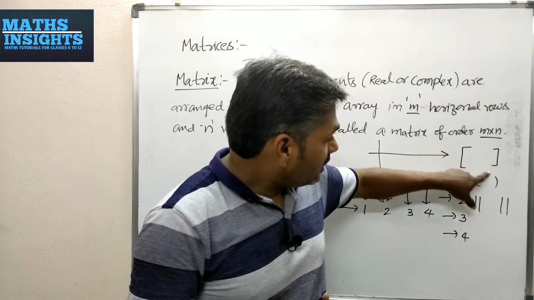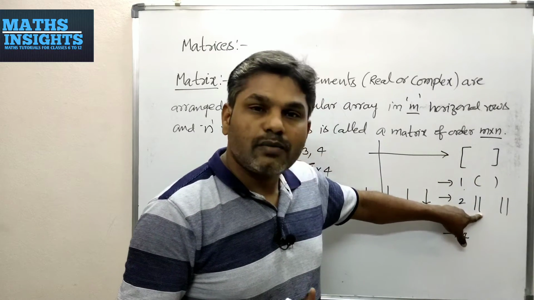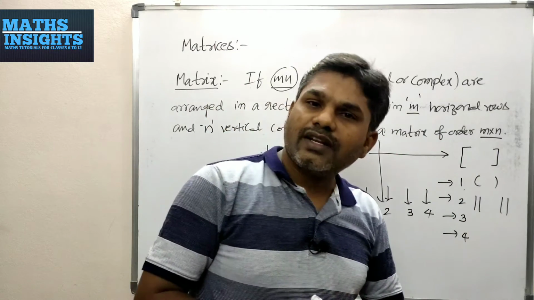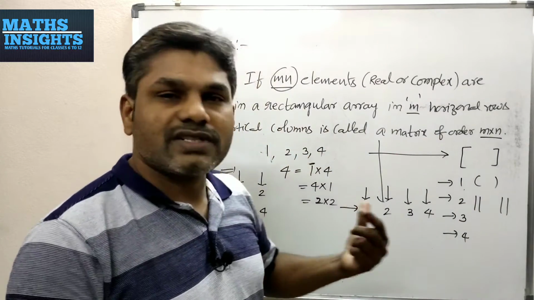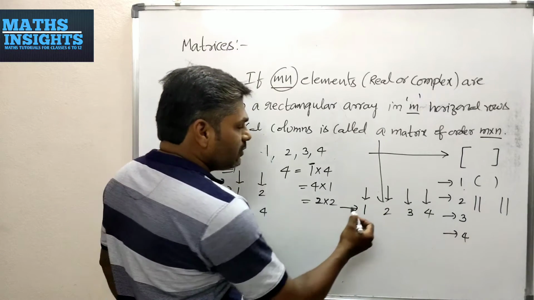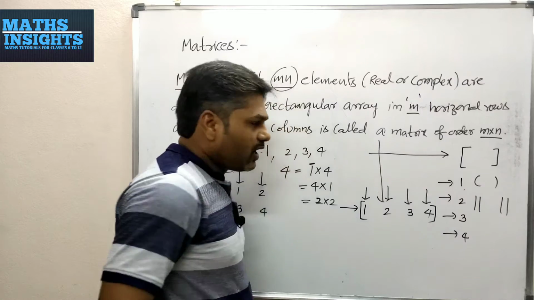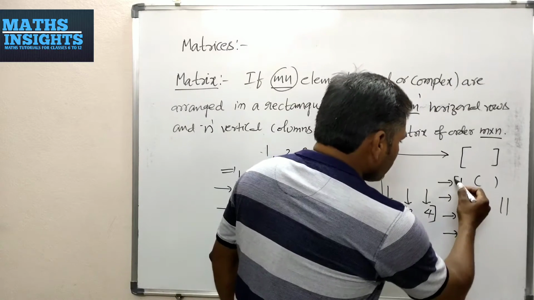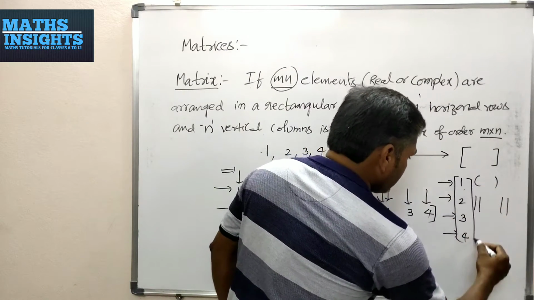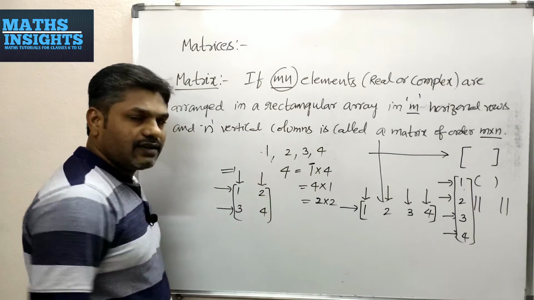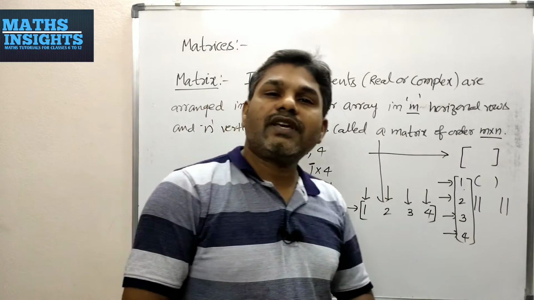See, square, small, double modulus. Generally we will use the square bracket to represent the elements. Whatever the elements I arranged, I will enclose these with the square bracket, and this is also a square bracket. Then that will be a matrix.